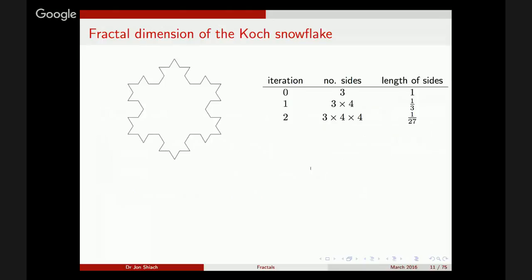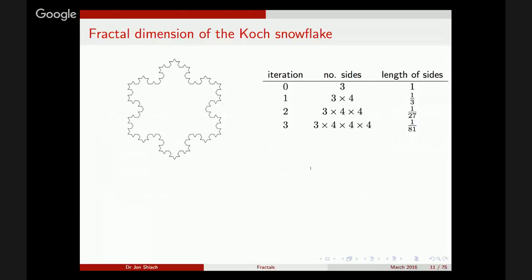Okay. Stage 2, each of those lines from the previous step is multiplied by 4, and the length of each side is 1/27, so a third, a ninth of a third. If we carry on, at stage 3, we multiply the previous number of sides by 4, and we multiply 1/27 by 1/9.